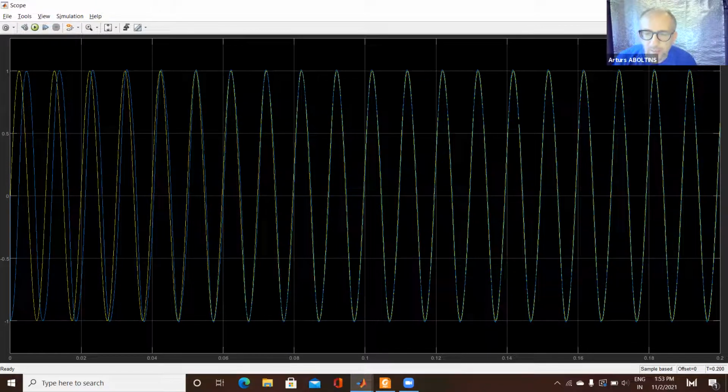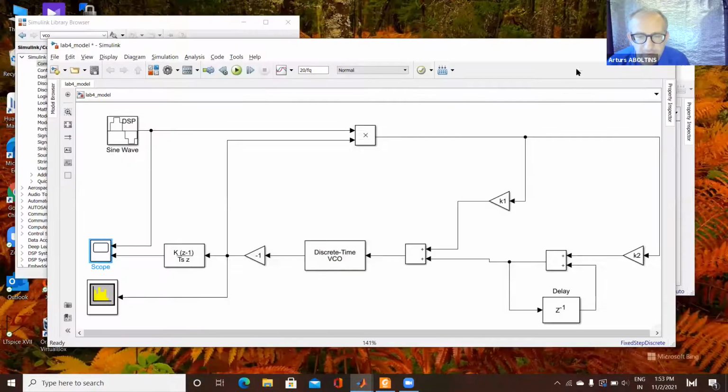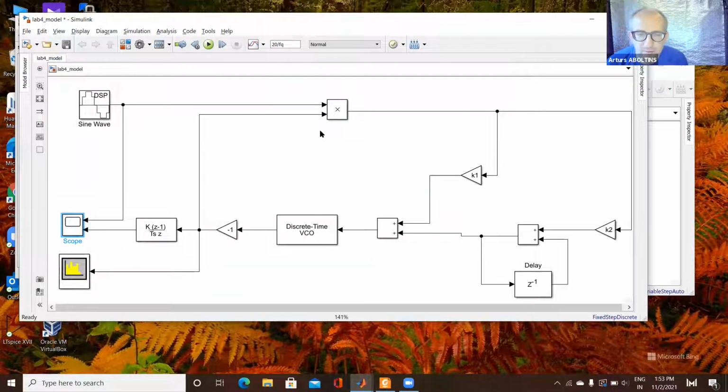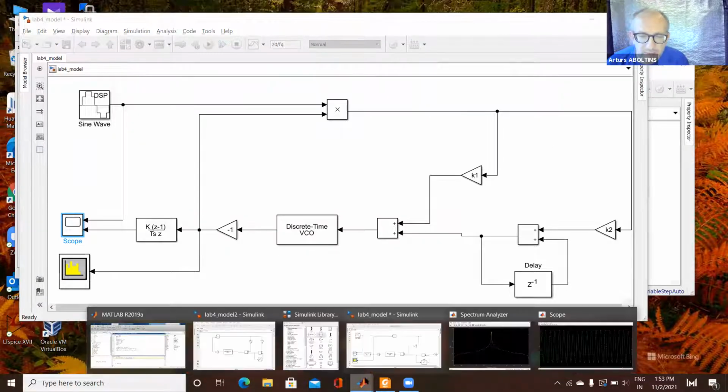Okay, let's go back. So now I have this script. Still, I'm just too lazy to put everything by hand, so I just put the script.